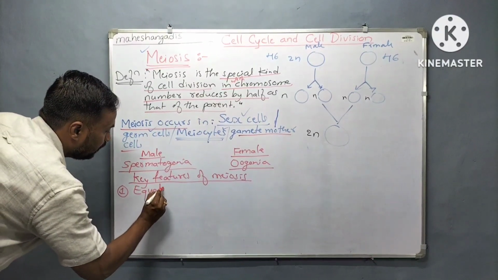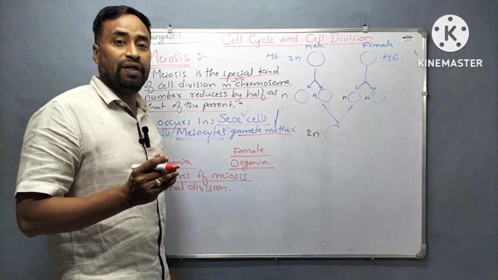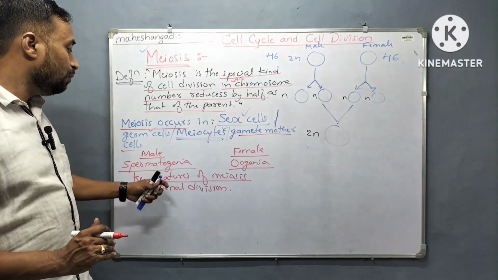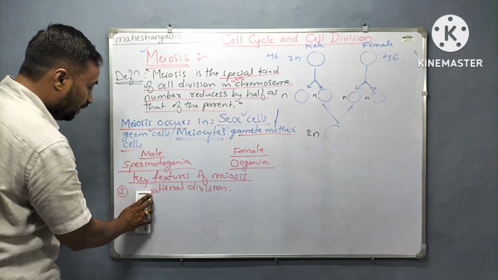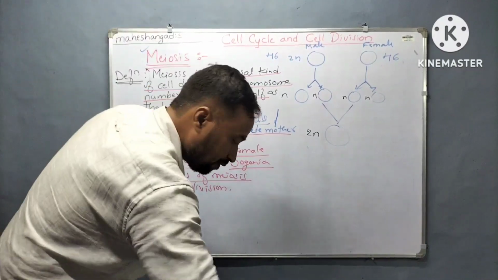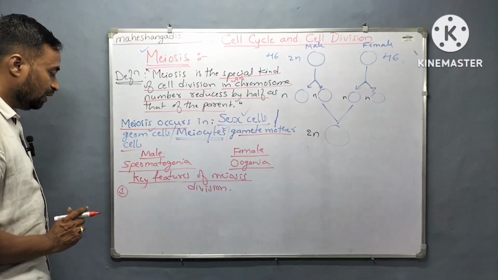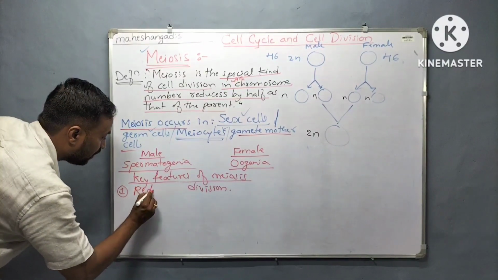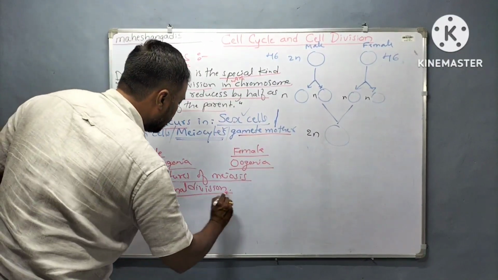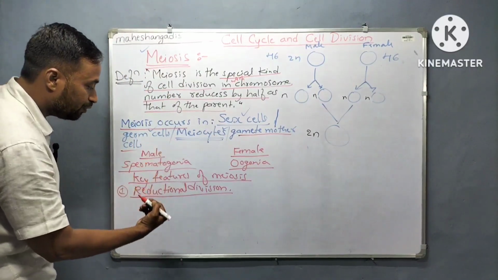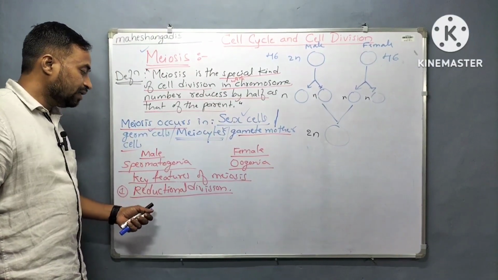Sorry, I'm telling it wrong. It is not an equational division, it is a reductional division. What do you mean by reductional division here? Here the chromosome number is reduced to half that of the parents. That is why it is considered a reductional division.